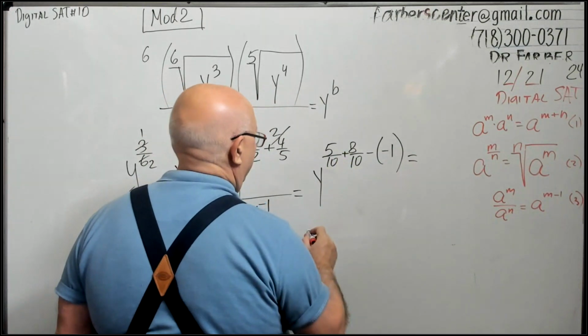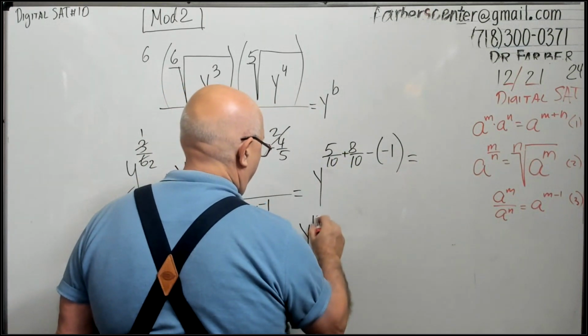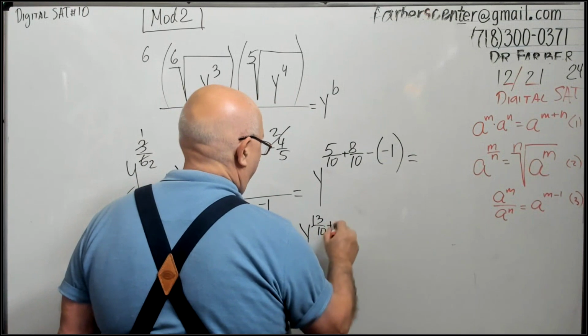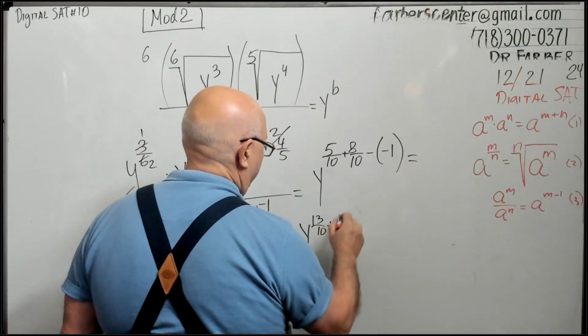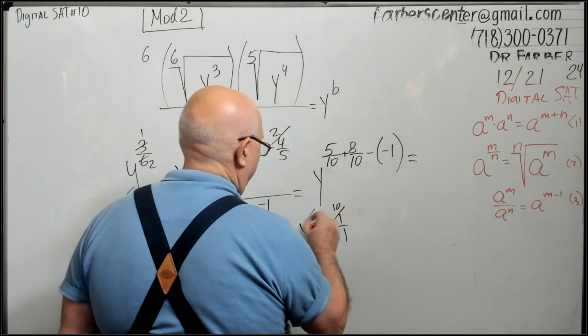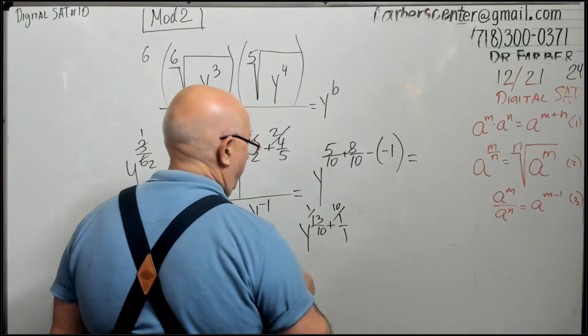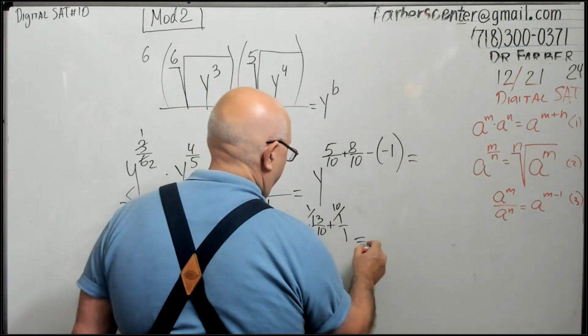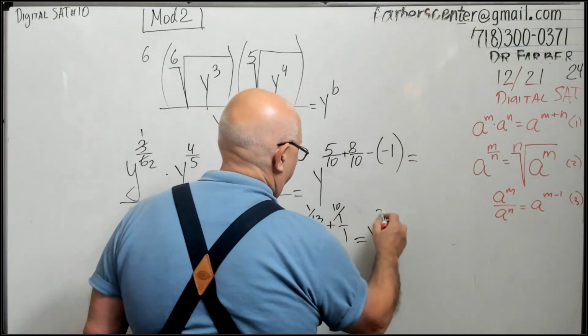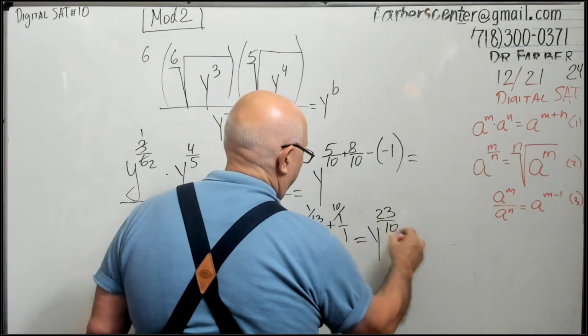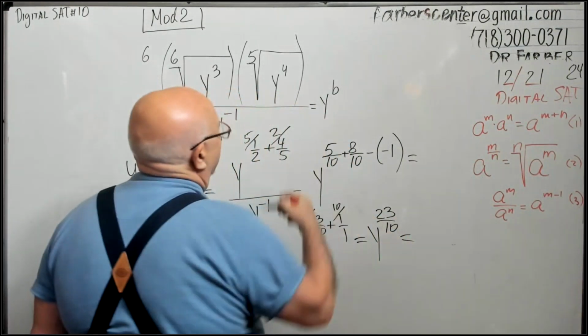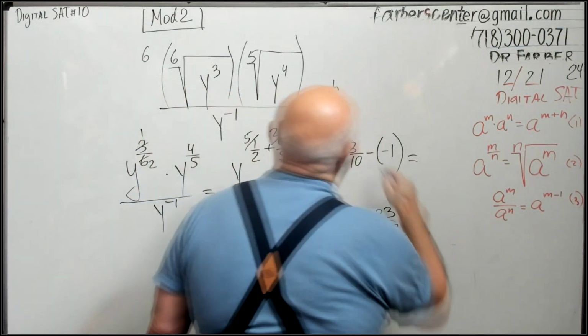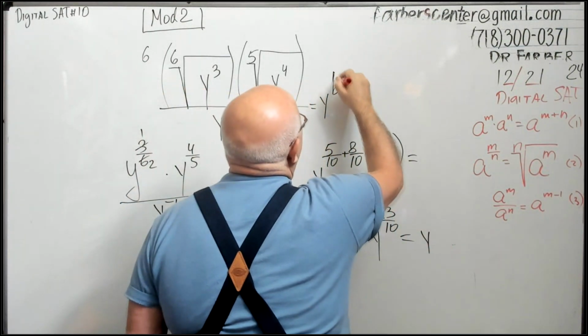This is 13 over 10 plus 1, or 10 over 10, LCD is 10. Y to the power 23 over 10. And this equals y to the power b. This is b, not 6, b.